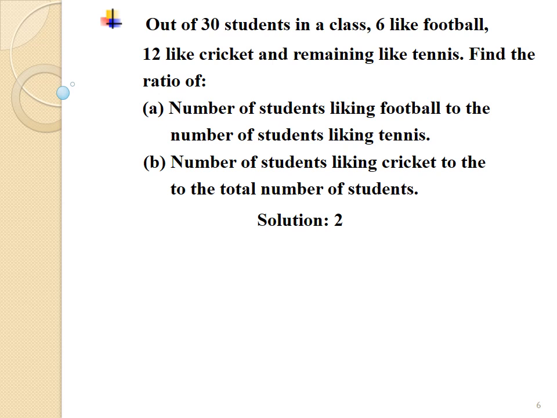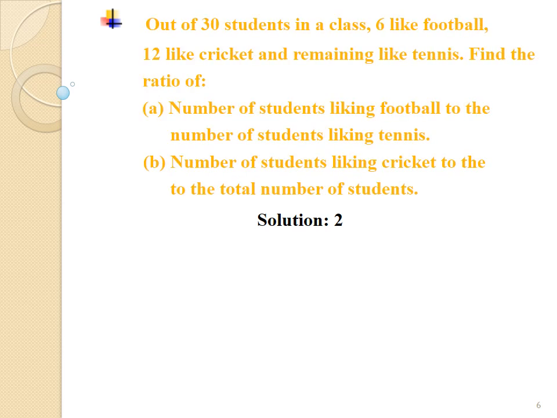Now, sum number 2. Out of 30 students in a class, 6 like football, 12 like cricket, and remaining like tennis. Find the ratio of number of students liking football to the number of students liking tennis, number of students liking cricket to the total number of students.